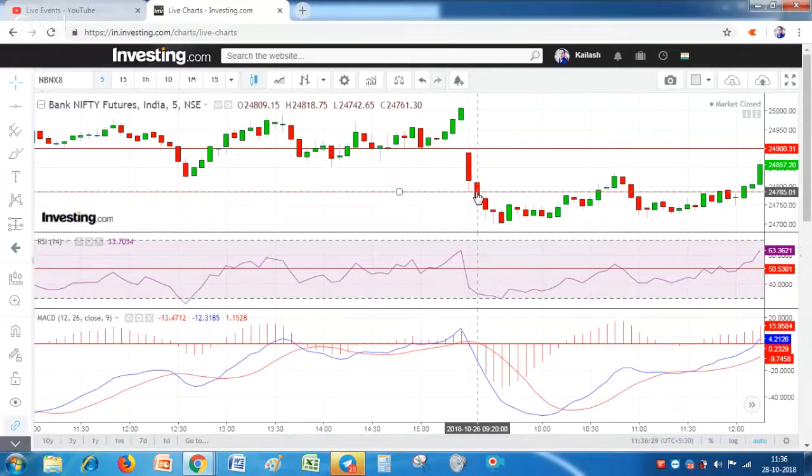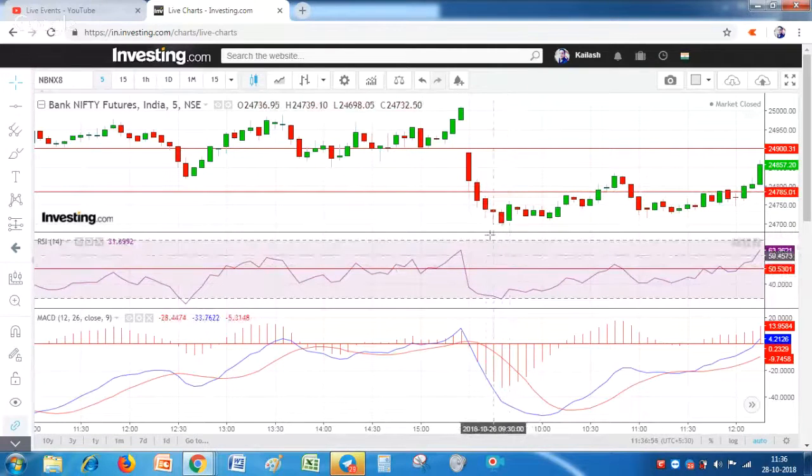If we have shorted Bank Nifty at 24,785 level, it has gone down to the level of 24,697, approximately 24,700. It has given us only 85 points.